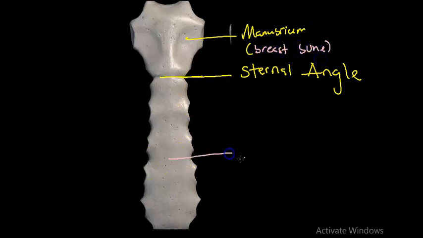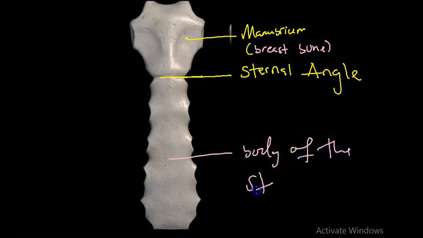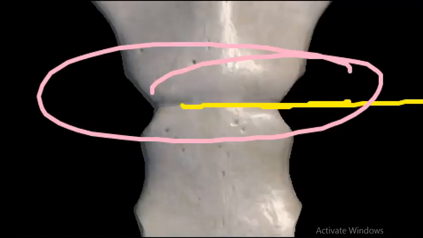If you notice down here, we have the body of the sternum. So, describing the location of the sternal angle, which is here, you can say it is located at the junction between the manubrium, the upper part of the sternum, and the body of the sternum.